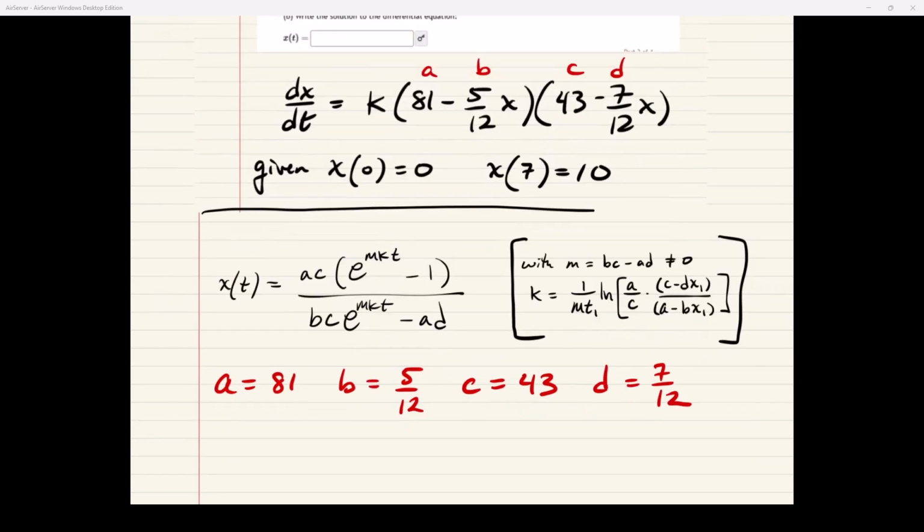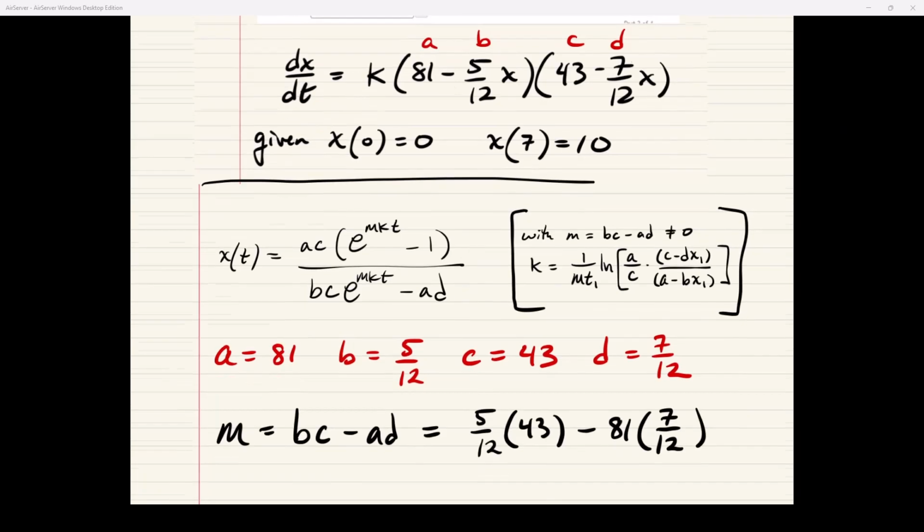So using that result, we could say M, that's BC minus A times D. So that would be 5 over 12 times 43 minus the A, which is 81, times the D, which is 7 over 12.